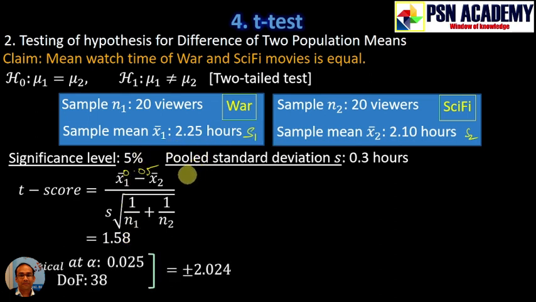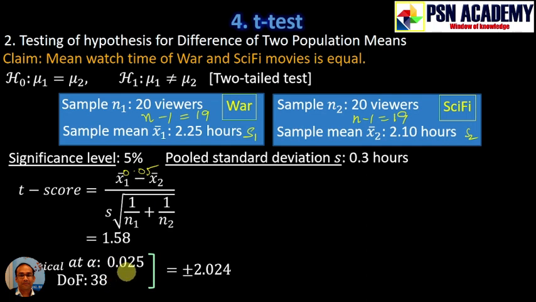We go for the t-table, and here also alpha is 0.025 because it is two-tailed, and degree of freedom is 38 because for this first sample 20 viewers, n minus 1, that is 19, and here n minus 1, that is 19. So 19 plus 19 gives you 38.